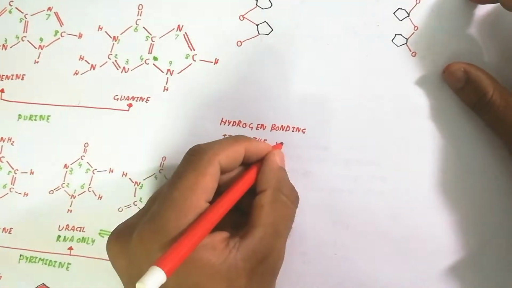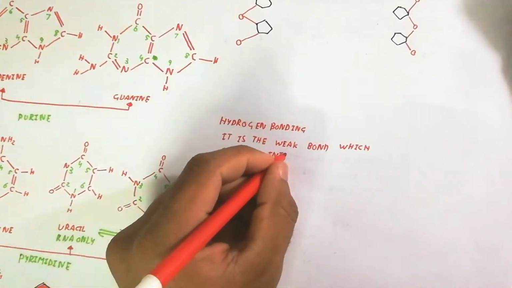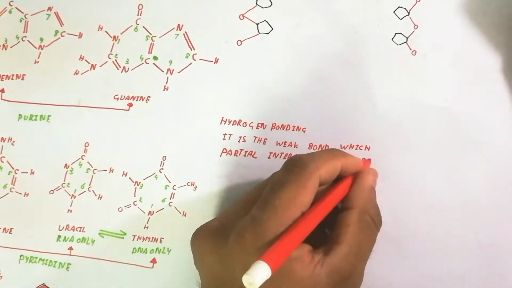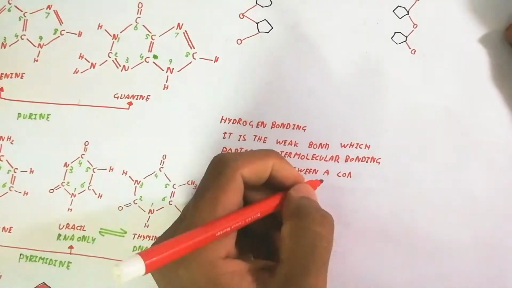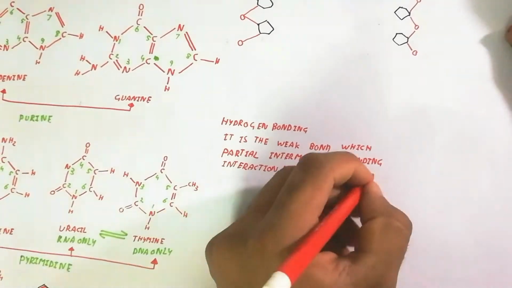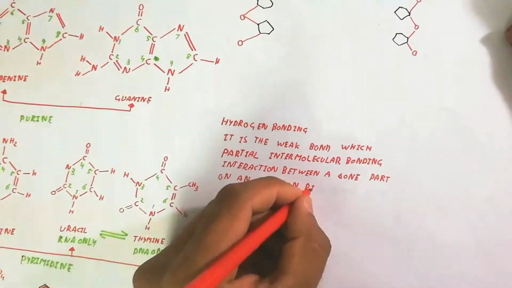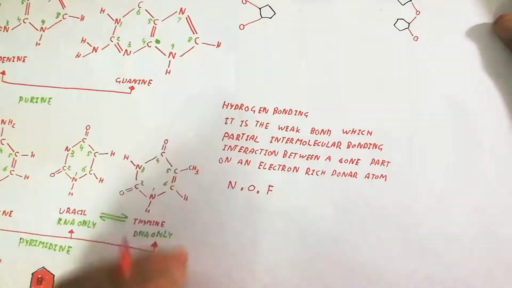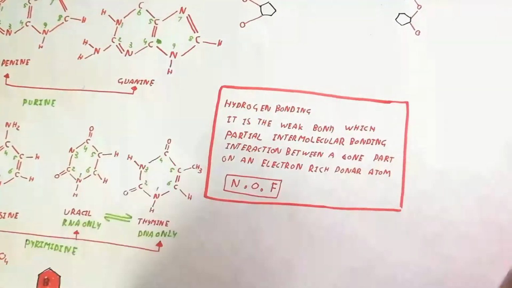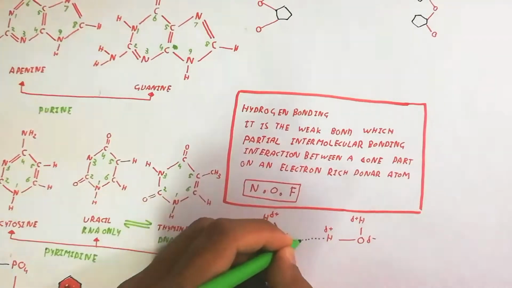Hydrogen bonding is a very weak bond. It is a partial intermolecular interaction between a hydrogen and an electron-rich donor atom. Nitrogen, oxygen and fluorine are electron-rich and are the major examples of hydrogen bonding with a hydrogen.